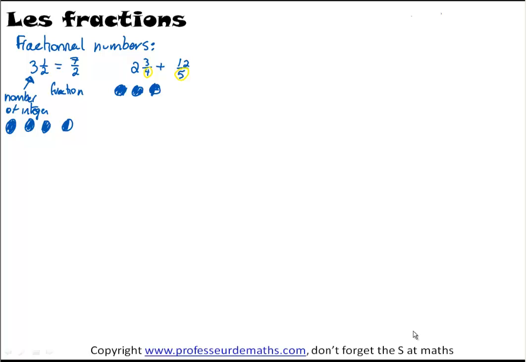So if we want to add to these pies a number of fifths, then we're gonna have to transform this first fractional number into a fraction, and then put everything on the same denominator like we learned before and like we talked about in the videos related to adding and subtracting fractions.